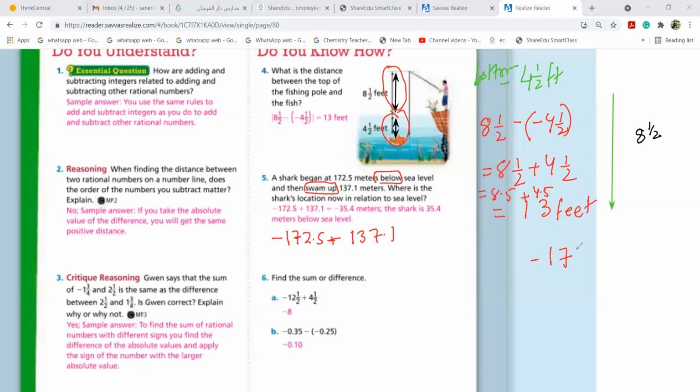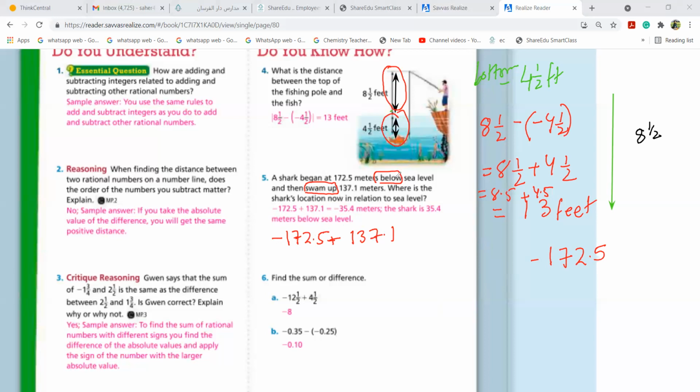Miss, I didn't really understand it well. Ghalia, a shark began at 172.5 meters below sea level. When you see the word below, what do you write? Negative 172.5. Okay. Then swam up. Up means positive. Positive 137.1.